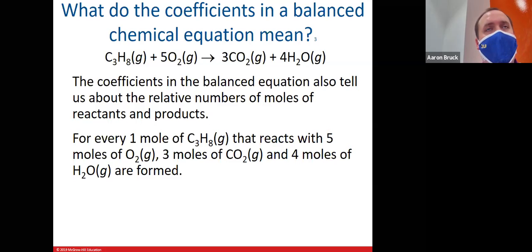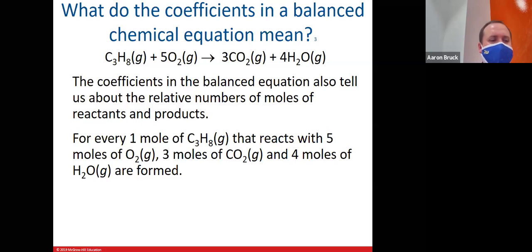So to get this reaction, I would need my 44 grams of propane, my 160 grams of oxygen, and it would give me whatever 3 times 44 is for carbon dioxide, whatever 4 times 18 is for water.